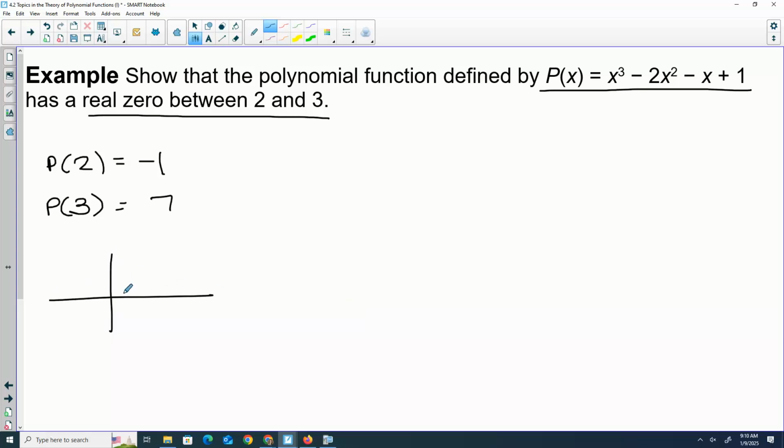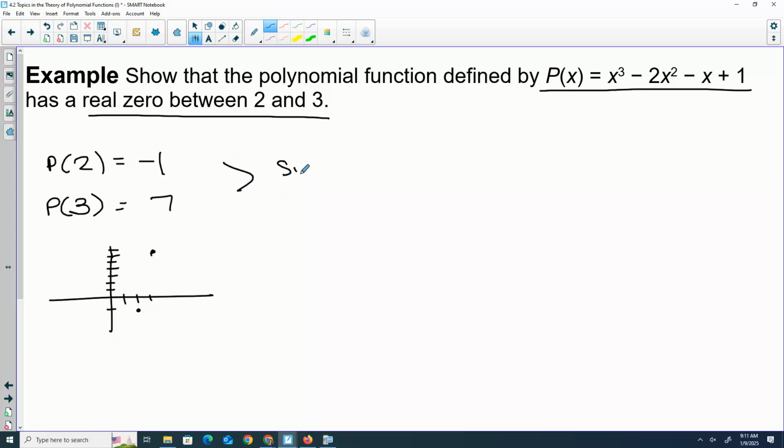Okay, what that means, the picture isn't required, but just to explain it to you. 2, -1 is a point on my graph. 3, 7 is a point on my graph. We know it's a polynomial, so we know the graph is continuous. So the only way to get from a -1 to a +7 is by crossing through 0.